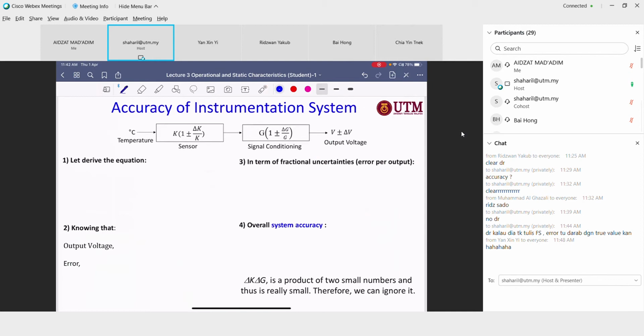Now you have the output V plus minus delta V. Delta V means the accuracy, and V means the voltage value, or measured data.